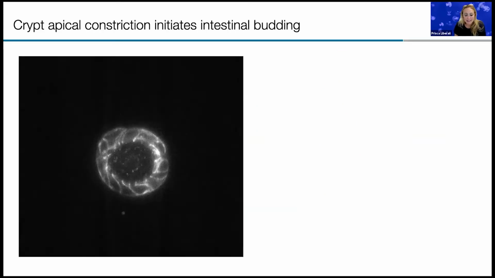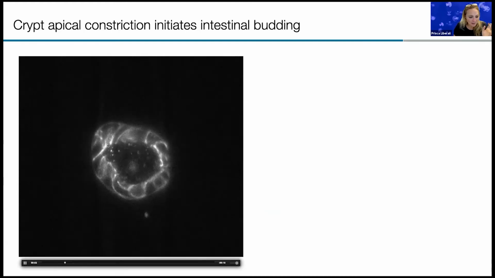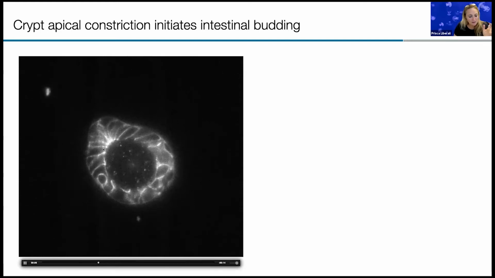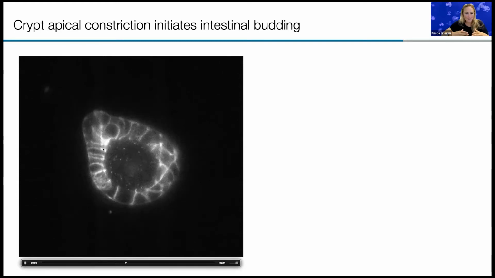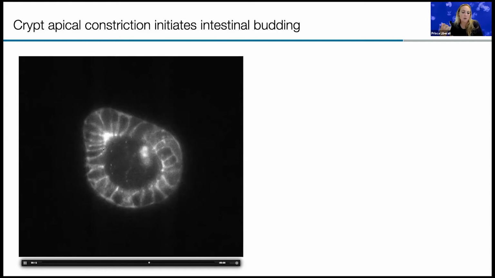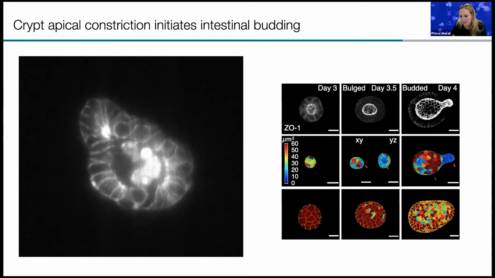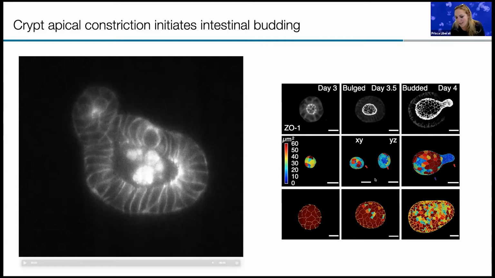One clear aspect is that while the crypt is forming, here you see that the cells are triangular. They really start constricting apically, so they start having a triangular shape. And here you can also see it quantified on 10,000 organoids, maybe not 10,000, let's say 1,000, I don't remember.